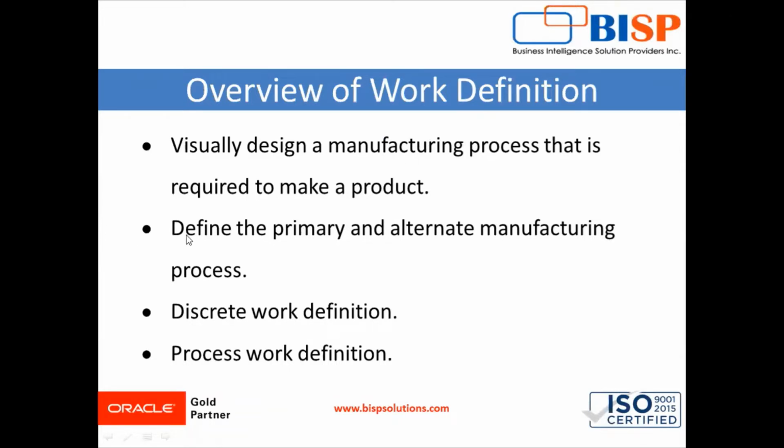Second one is to define the primary and alternate manufacturing process. The primary work definition is used as the default for creating a standard work order of the item. The primary work definition is used by the supply chain planning application to generate the planned order.